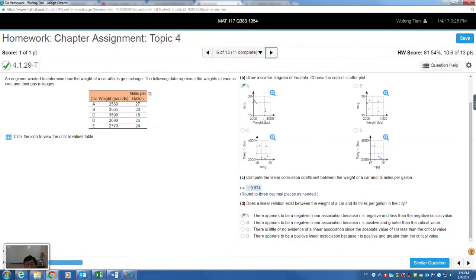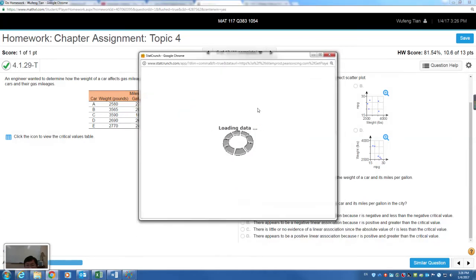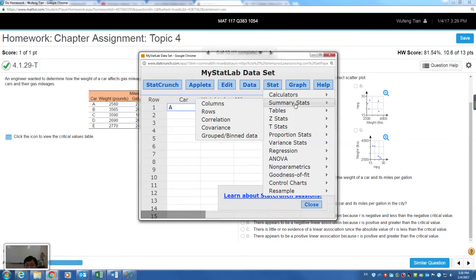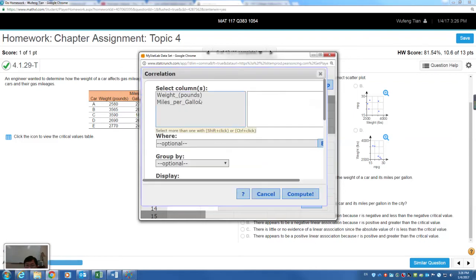Number 6 is very similar. Graph the picture, you have no problem. So how do I find the r? You have to find the r here. You can see the picture is a negative linear relationship. How do you find the r here? You can also do it with StatCrunch: open Stat, Summary Stats, and then go to Correlation.